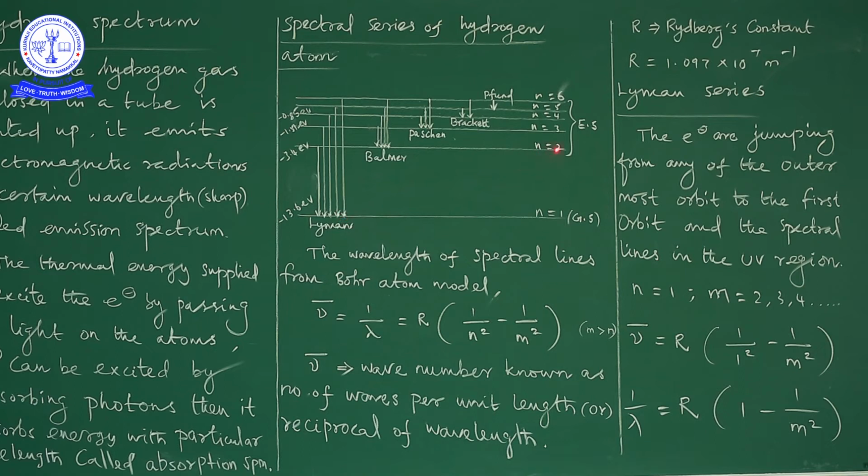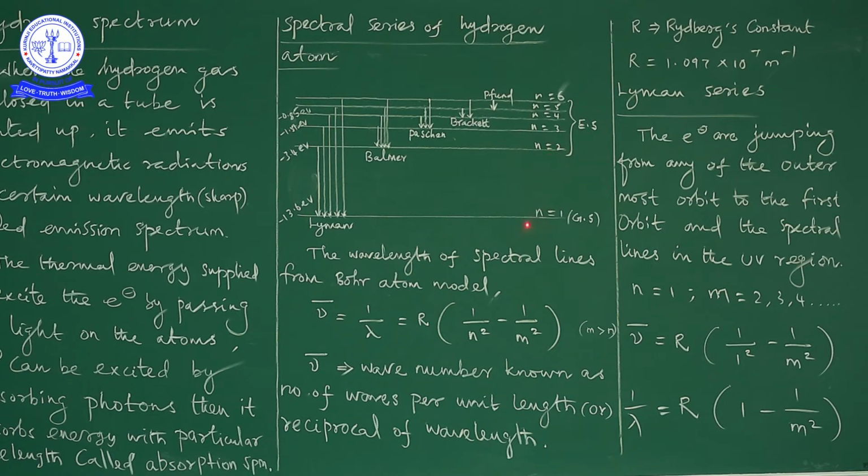And n equals 2 is the first excited state, with a value of minus 3.4 electron volt. And n equals 3 is the second excited state, with a value of minus 1.51 electron volt. And next, n equals 4 is minus 0.85 electron volt, and so on.